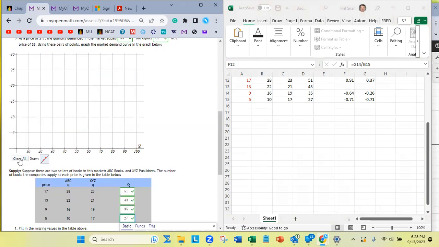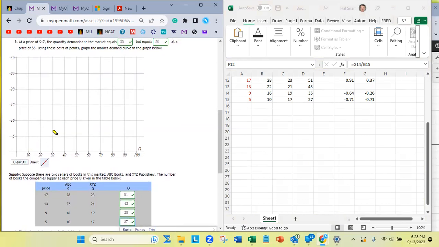All right, third time's a charm. 17 and 35, and 5 and 59. So this 35 is right smack in the middle. Let's just make sure that this is 17. 1, 2.